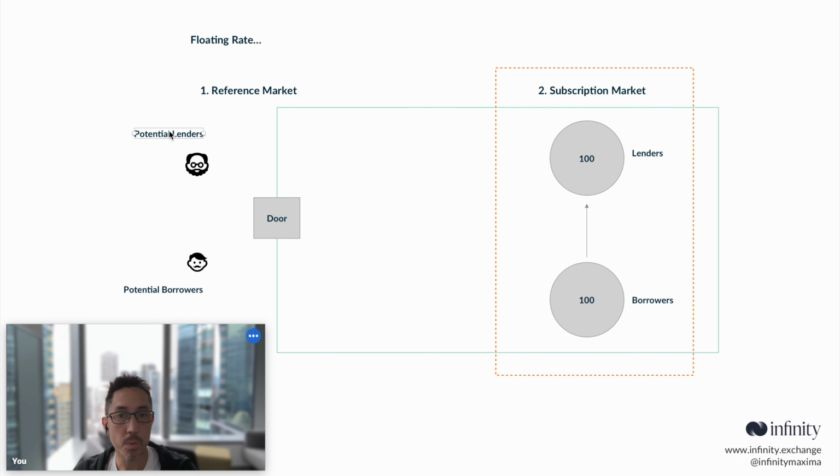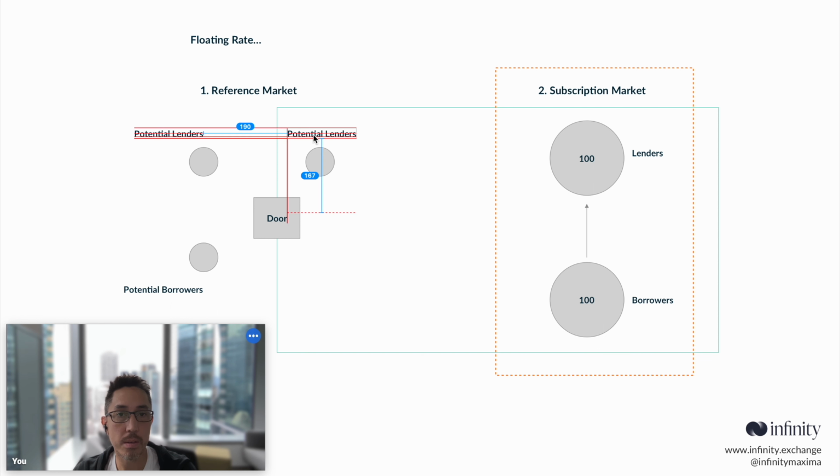So we have a series of potential lenders over here. Maybe I'll get rid of these people. I'll take them off screen. And there's a smaller number of potential lenders. The subscription market is a much larger market. So we have some lenders up here, some borrowers down there.